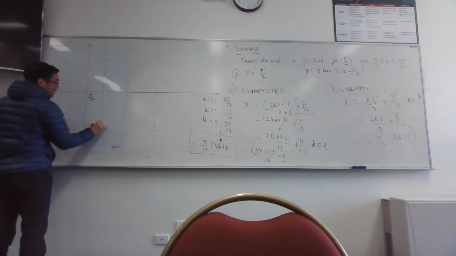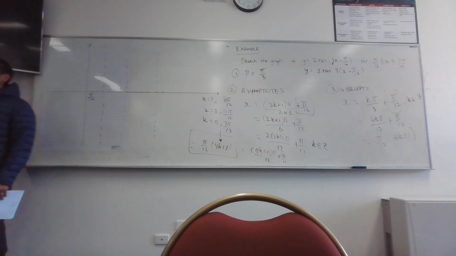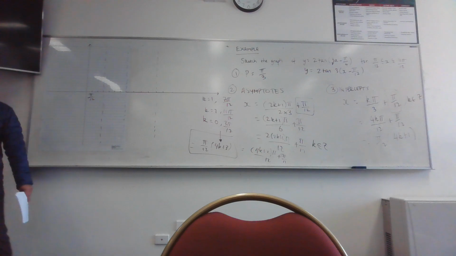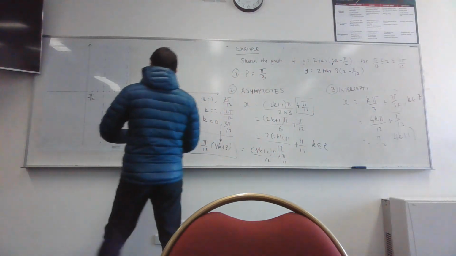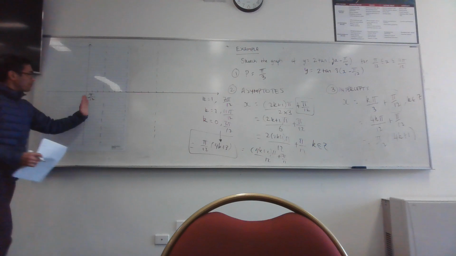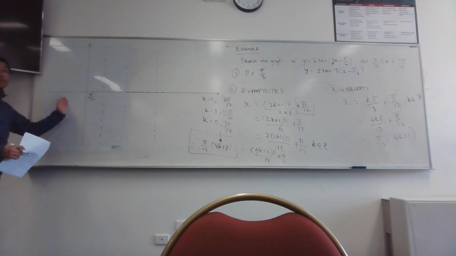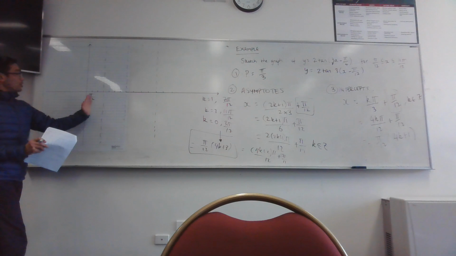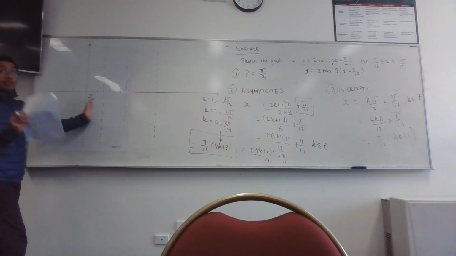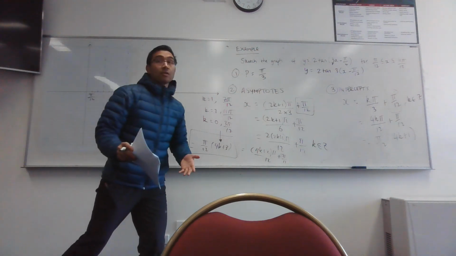What's another way of getting this last asymptote? Anyone know? Sorry, Mike. You can go k equals -1. That might go over, but having a look at the boundary line, you can see that we're going to stop here. So that's still a good point though.